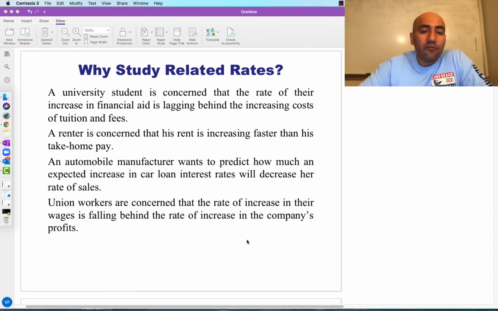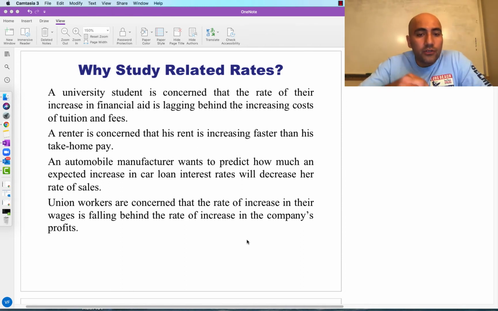An automobile manufacturer wants to predict how much an expected increase in loan interest rates will decrease her rate of sales, right? So as the interest rate for the loans increases, it becomes more expensive for consumers to purchase the car, and many of them are going to choose not to buy it, or they just can't afford it and can't get that loan, right?